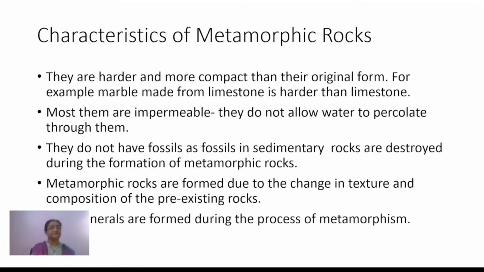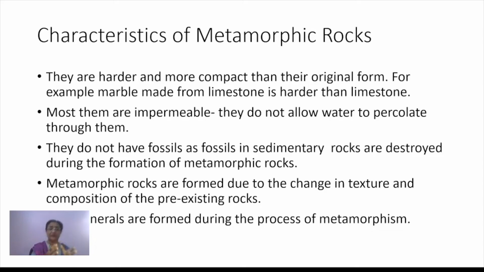Now what are the features or characteristics of metamorphic rocks? They are hard. Always they are harder than their parent rocks. Keep this in mind always. They are harder and more compact than their original form, the parent rock from which they have been formed. For example, one of the best examples is marble and limestone.